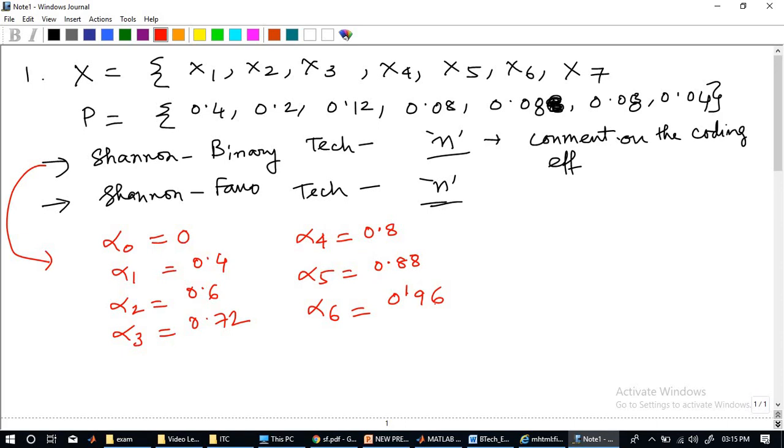So now, as you know the alpha, make sure the inequality holds. Check for the inequality.